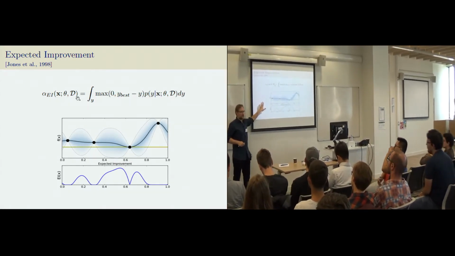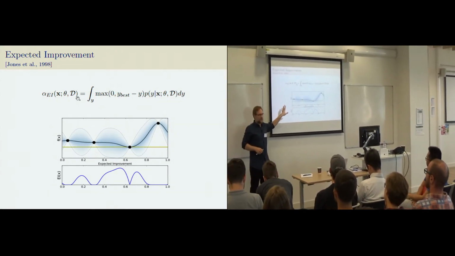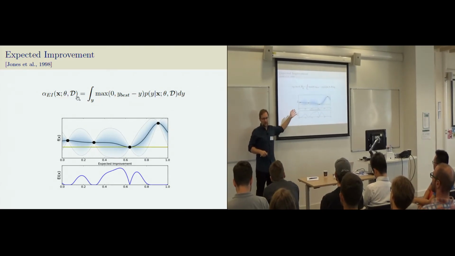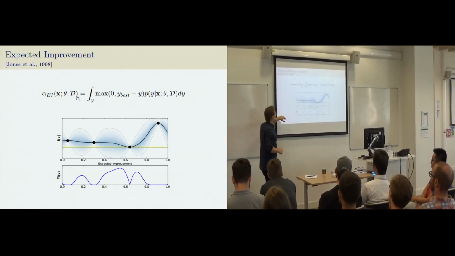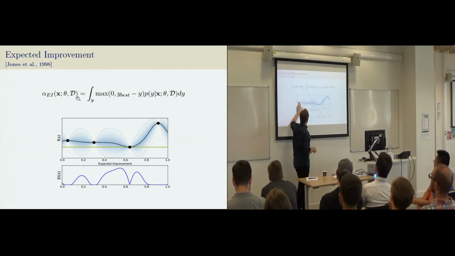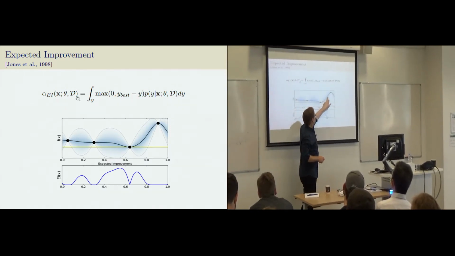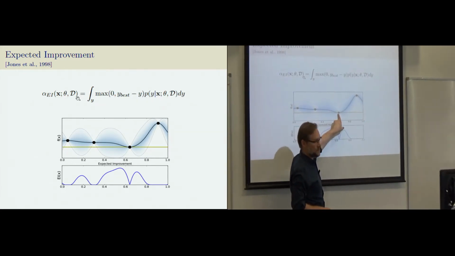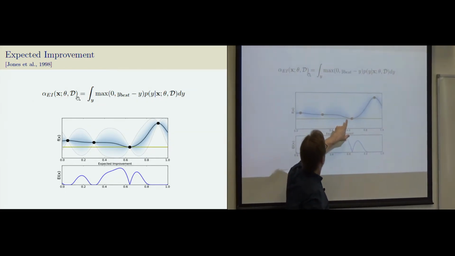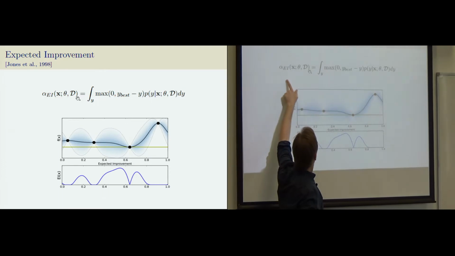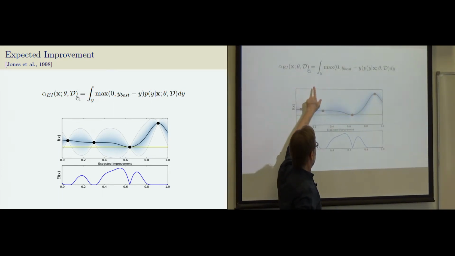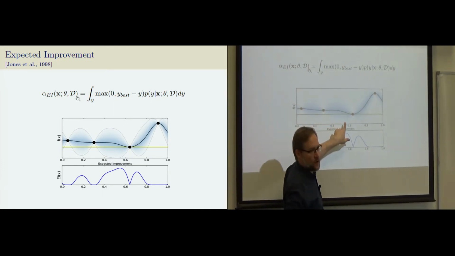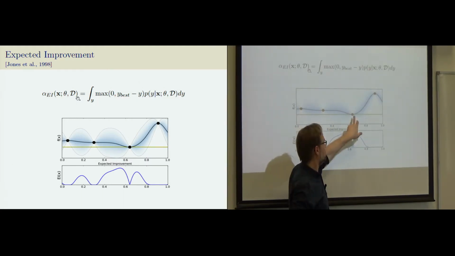So expected improvement. This is, I would say, the most used acquisition function. What do we do? This is our model. This is our GP. We have 4 evaluations. This is the current best, the best evaluation that we have observed, right? So what we do is we define the expectation, with respect to the model, of improving with respect to the current best.